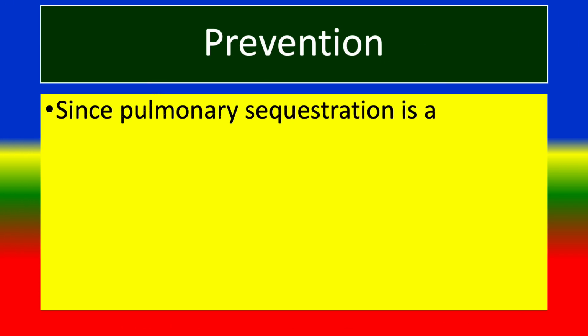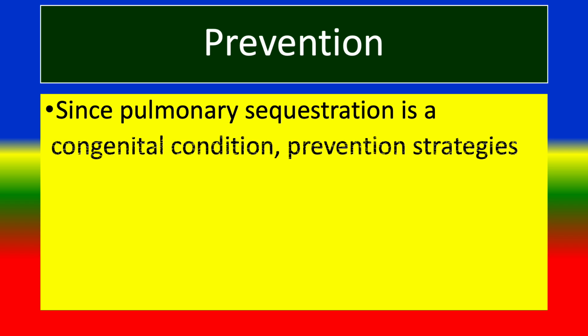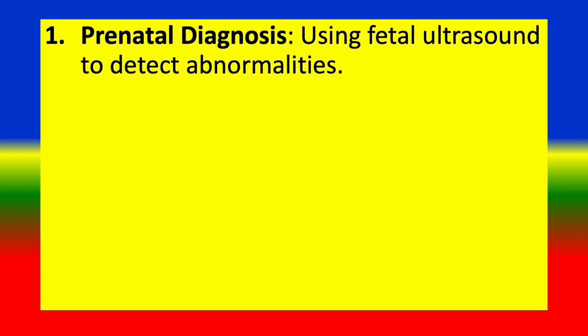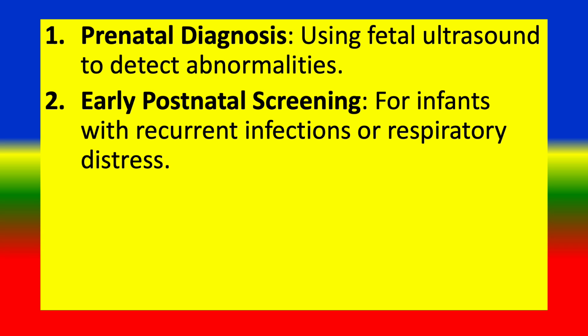Prevention. Since pulmonary sequestration is a congenital condition, prevention strategies mainly focus on early detection and management. 1. Prenatal diagnosis using fetal ultrasound to detect abnormalities. 2.